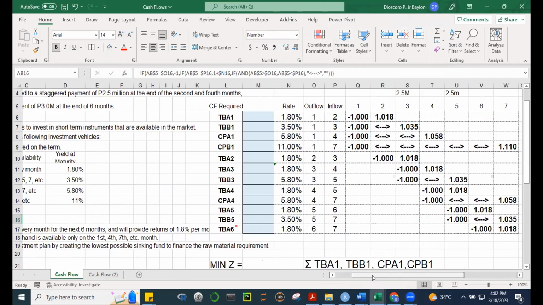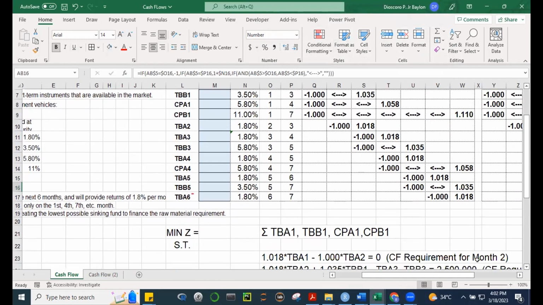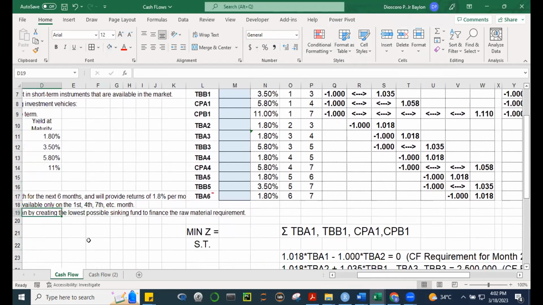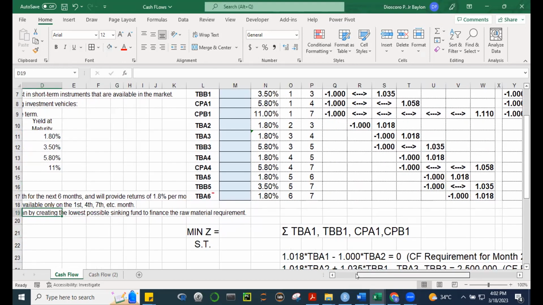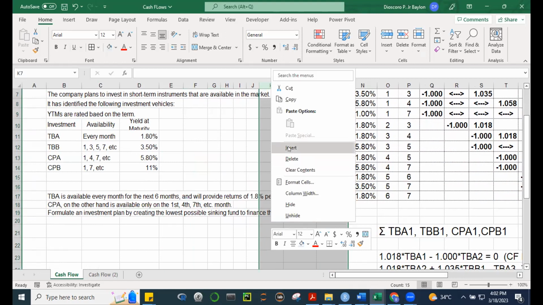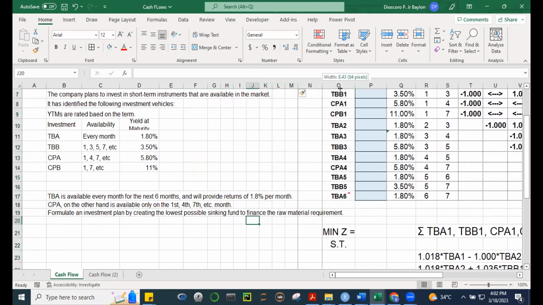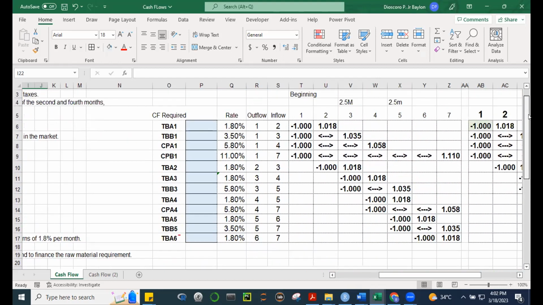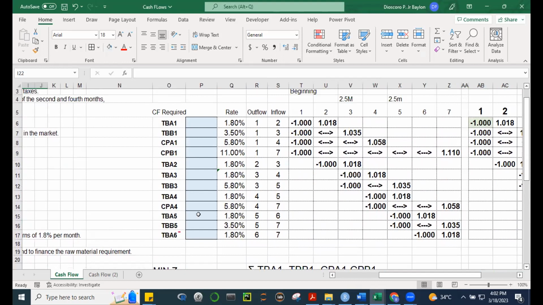Where do we put our objective function? Maybe I'll insert some cells here, so that I can separate it from the problem. Any suggestion, class? Where can we put our initial investment? We can put it anywhere here.